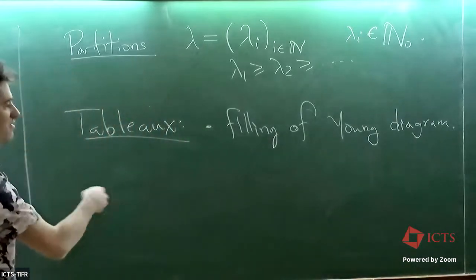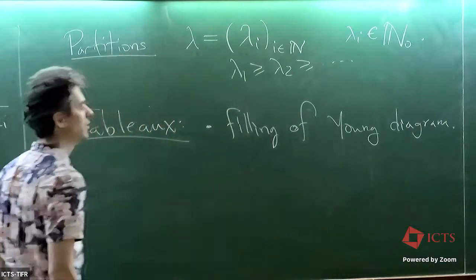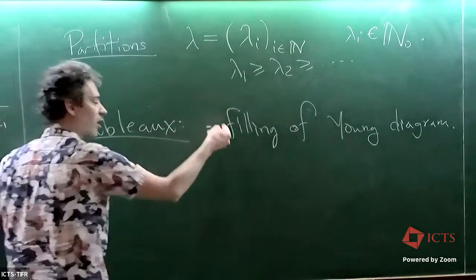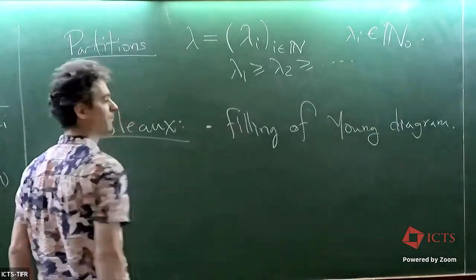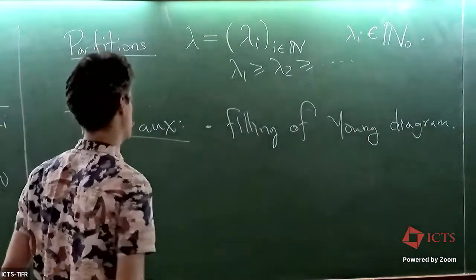Weakly meaning you're allowed to have multiple of the same so long as you don't go down, so non-decreasing if you like. And along a column, it was strictly increasing. We're not talking about LR Tableaux, we don't need this LR condition.